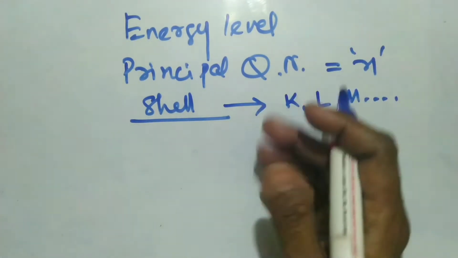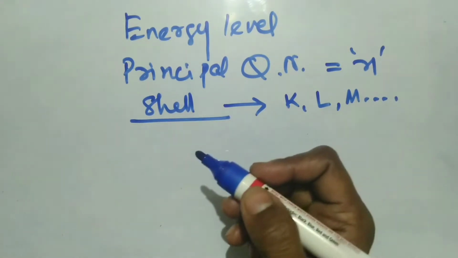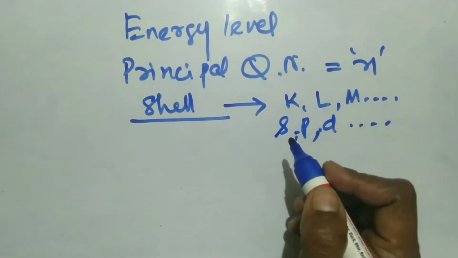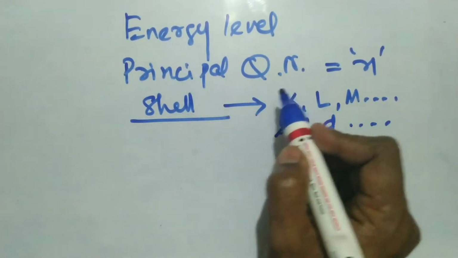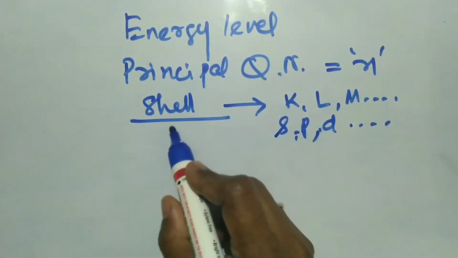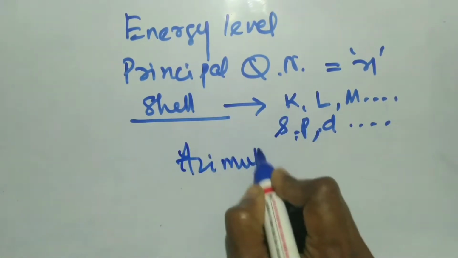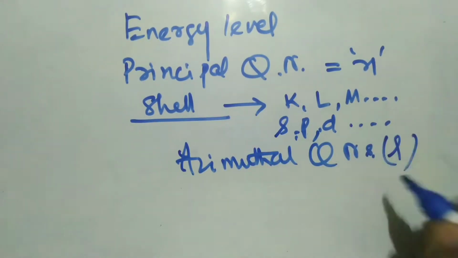And this filling of shells, as I told, is also related to the filling of subshells or orbitals s, p, d, f. As we know, the energy levels of shells are related to the principal quantum number. Similarly, the subshells or the orbitals are related to the azimuthal quantum number, which is represented by small l.